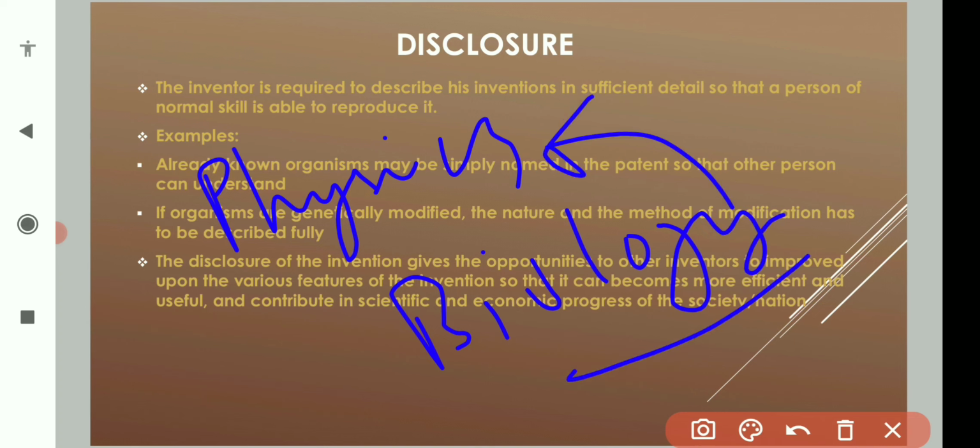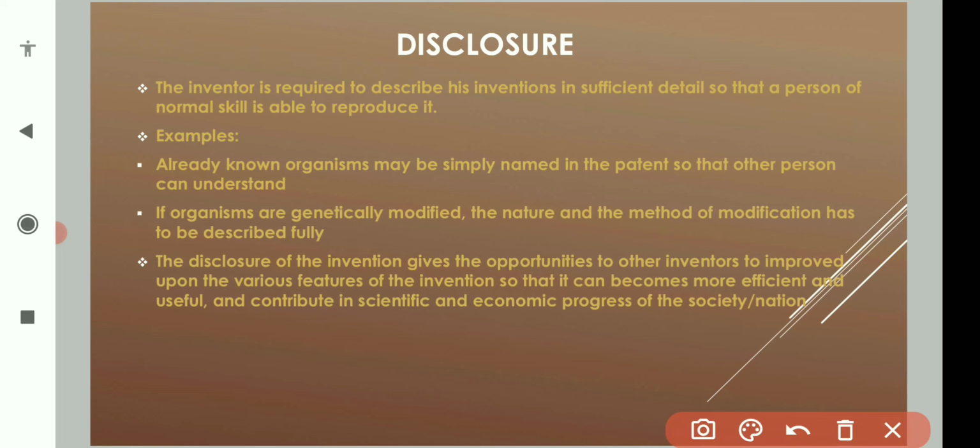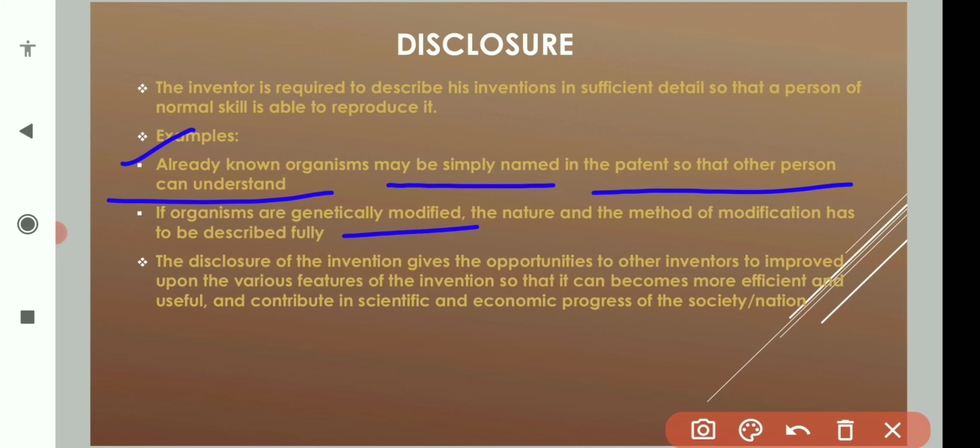It should be that simple. So basically it is disclosure of your patent in very simple language and in great detail. For example, already known organisms may be simply named in the patent so that other persons can understand. And if organisms are genetically modified, the nature and the method of modification has to be described fully.